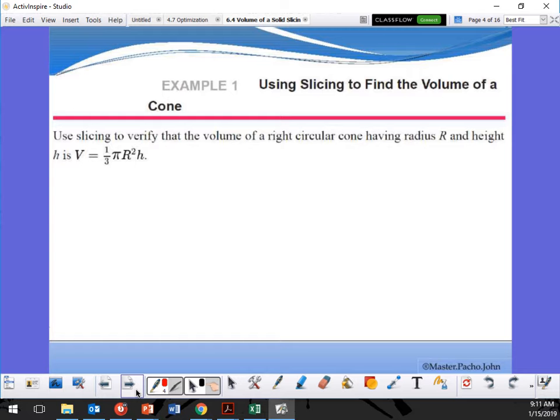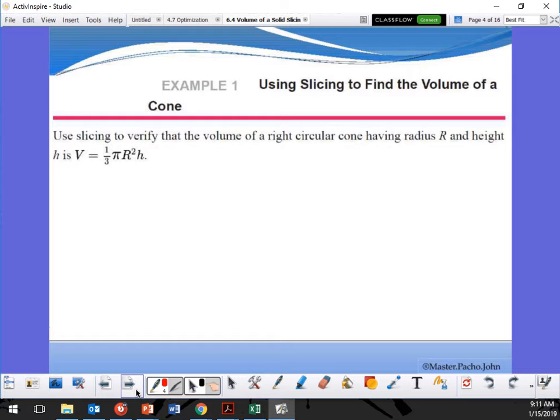Now, what is the cross section of that one right there? That's your parabola, right? So if it's not going through the very peak of it, it's going to be a parabola. If it goes to the very peak of it, at the very tip, that's going to be a triangle. If you guys want to pass those around and see, you can.